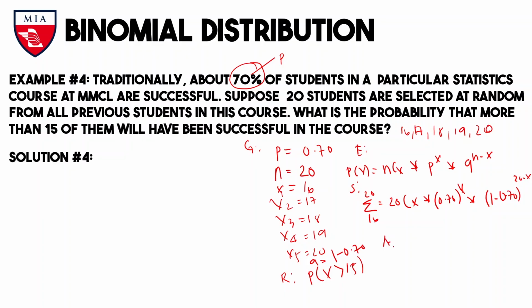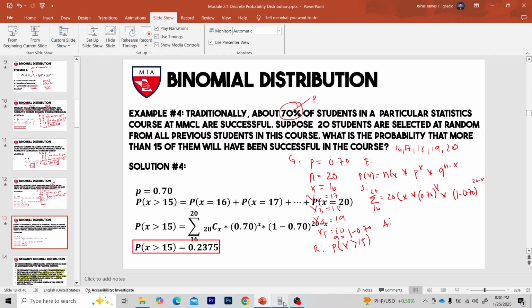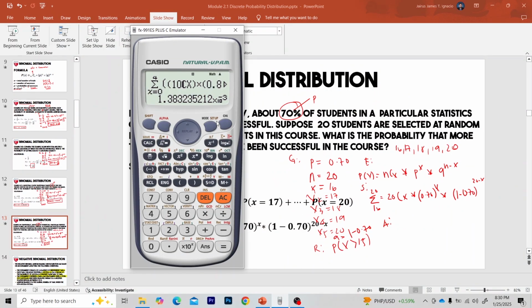So for the answer, let's use the calculator. Again, first step, we need to input the sigma. So what is our lower value? We have 16, and upper value we have 20. So let's enter the equation.